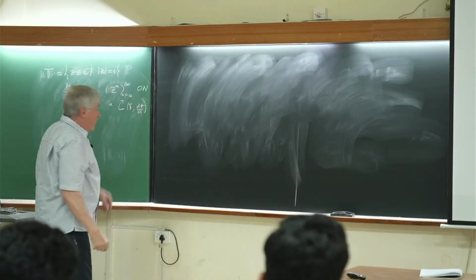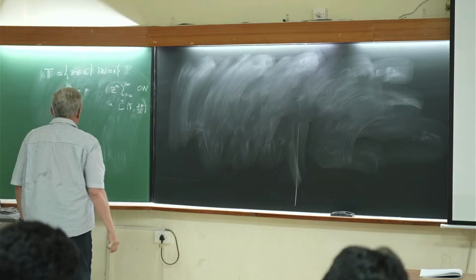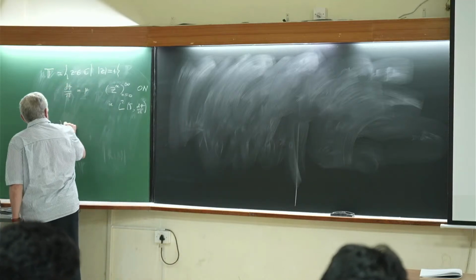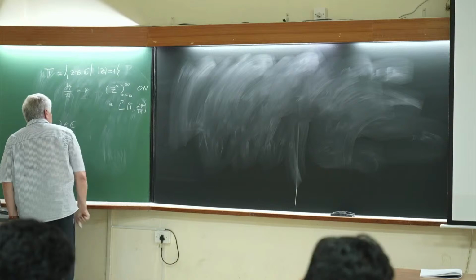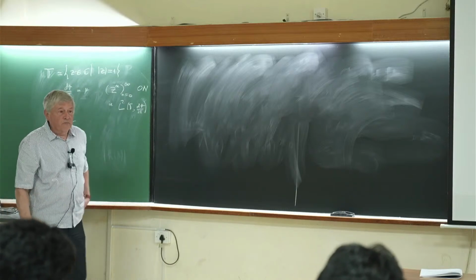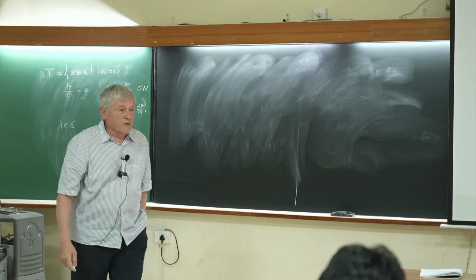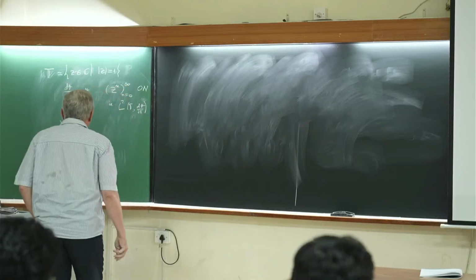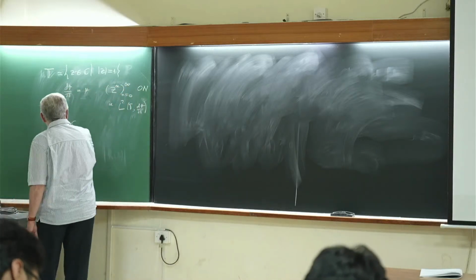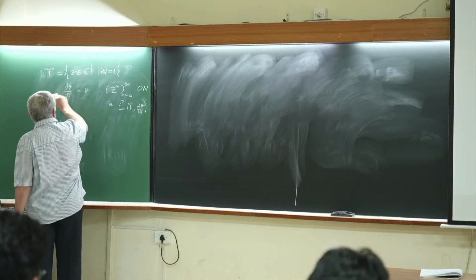So let's take a point, lambda, in the complex plane, and see what is the Christoffel function. Let's denote this by mu.